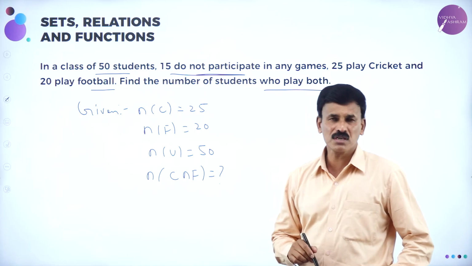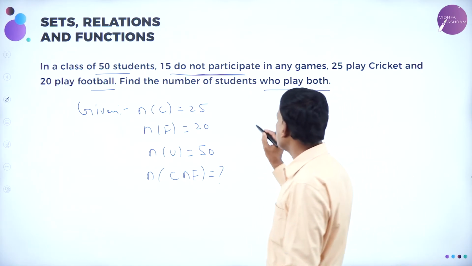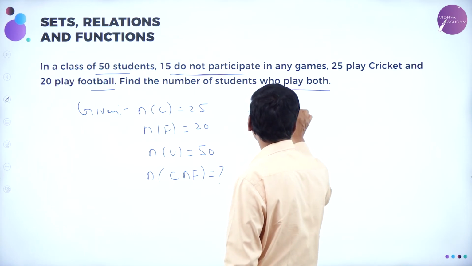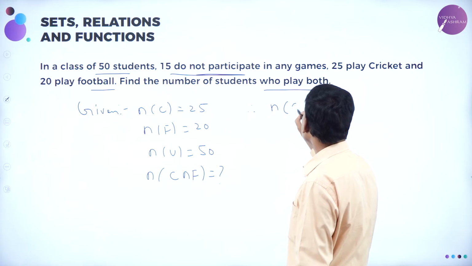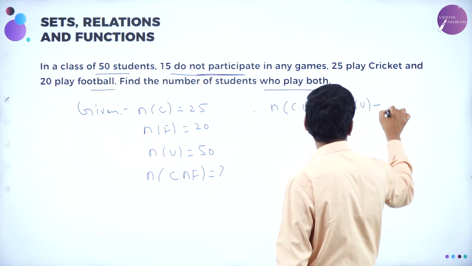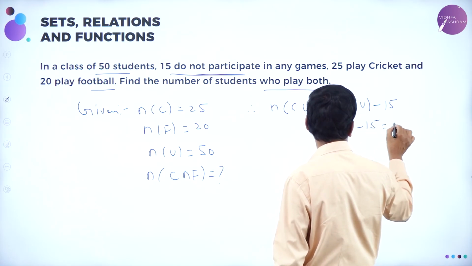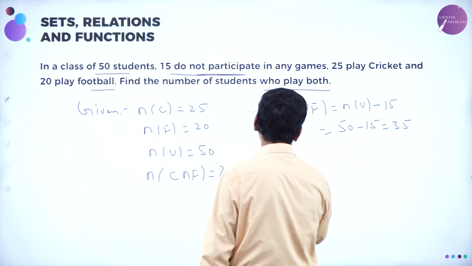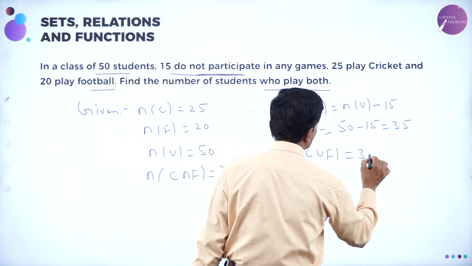So 15 students are not participating in either cricket or football. Therefore the number of students who participated in a game, N of C union F, is N of U minus 15, which is 50 minus 15, equal to 35.